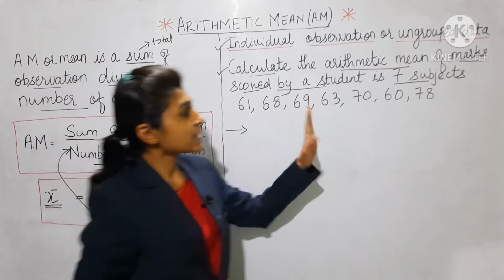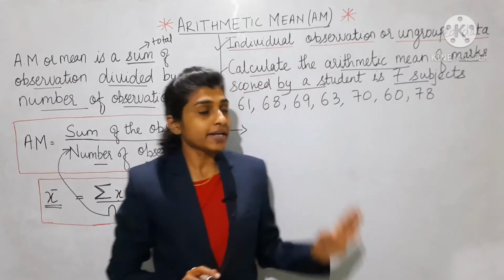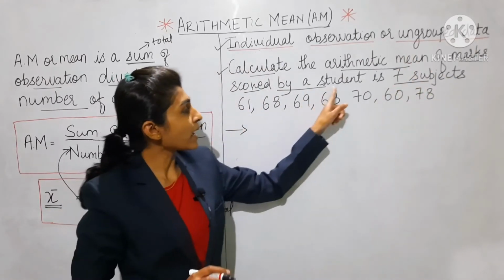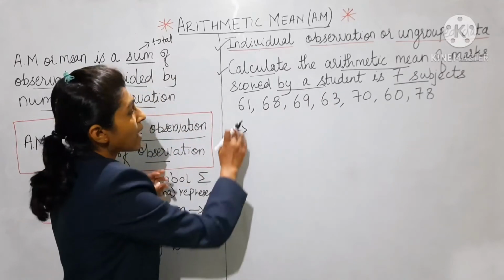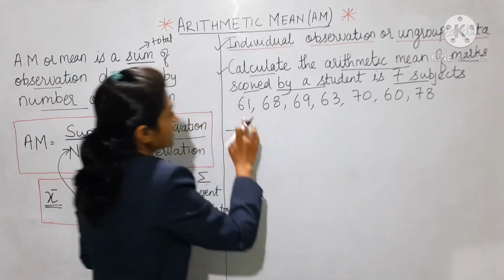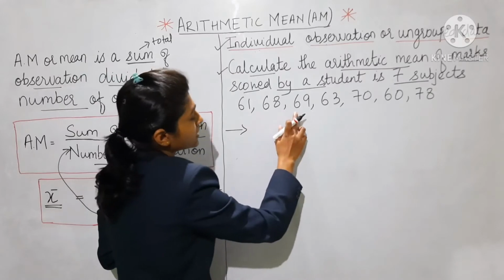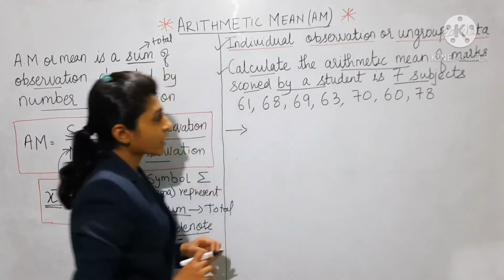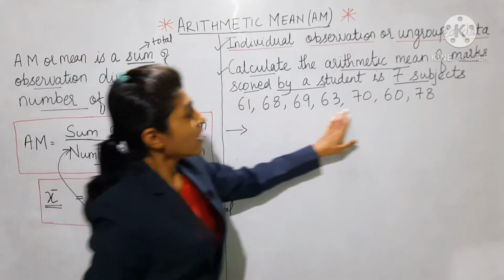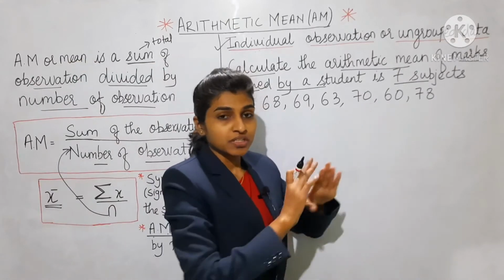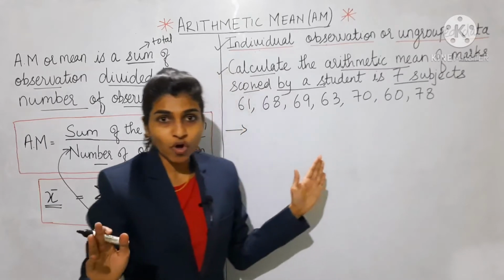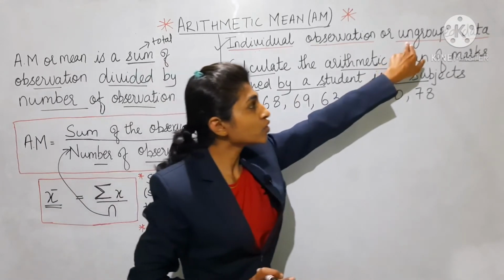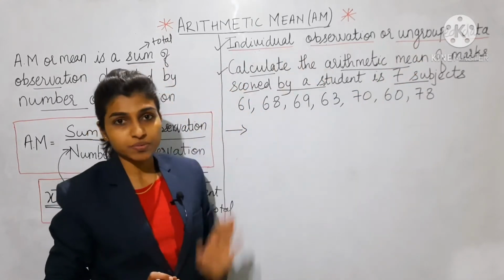The marks of the 7 subjects are 61, 68, 69, 63, 70, 60, 78. This is individual observation; the marks are not in a group format. That's why we call this data ungrouped data or individual observation.